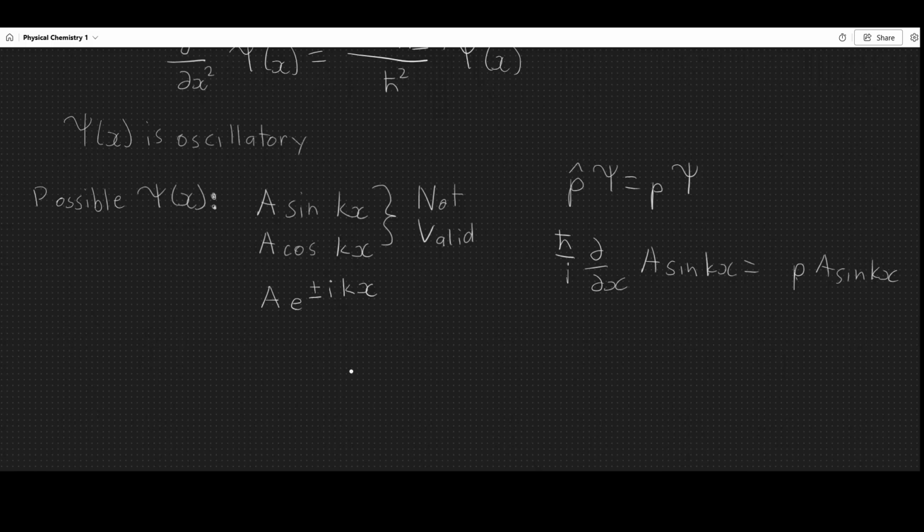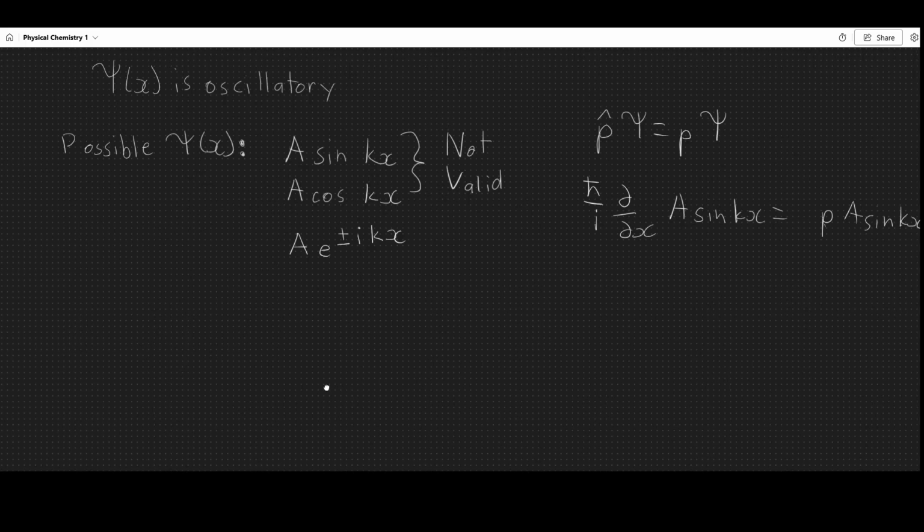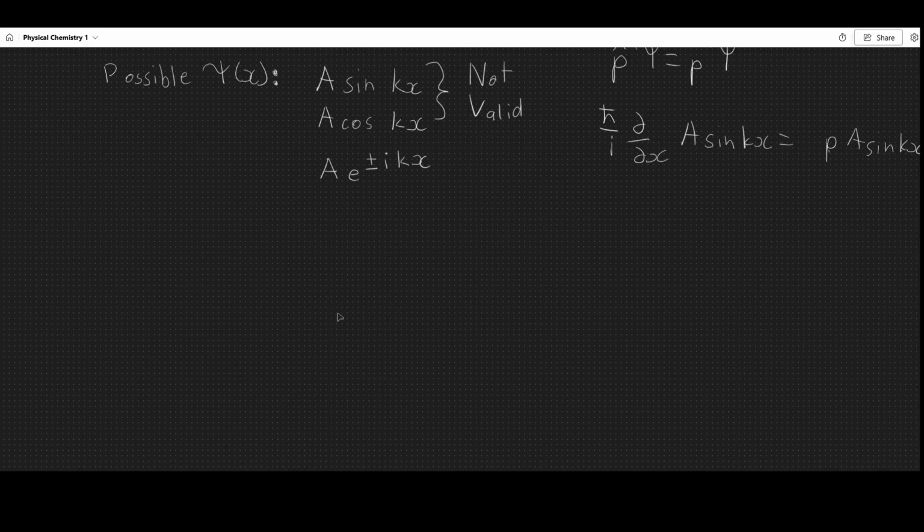Now we can go ahead and solve for E. So let me scroll on down, and let's continue solving for E. So we have minus h bar squared over 2m del squared over del x squared of A e to the plus or minus ikx, and that's equivalent to E times A e to the plus or minus ikx.